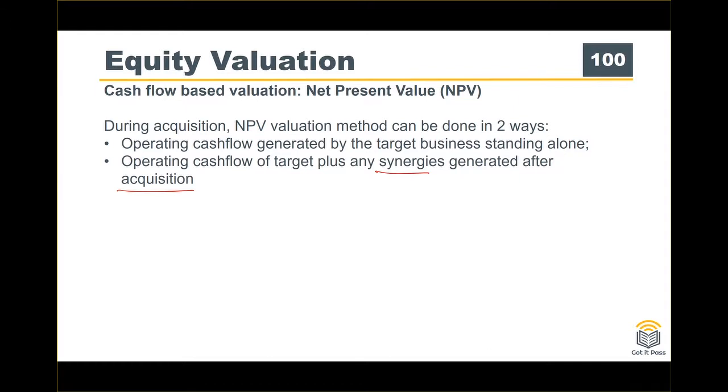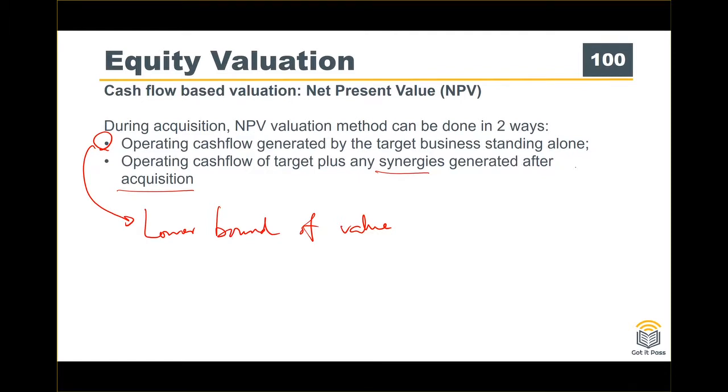So you can work in two ways, or you can work both ways. The first one provides you the lower bound of the value, because it is just standalone, the business without any synergies, without any value added, to see the lower bound value of the target.